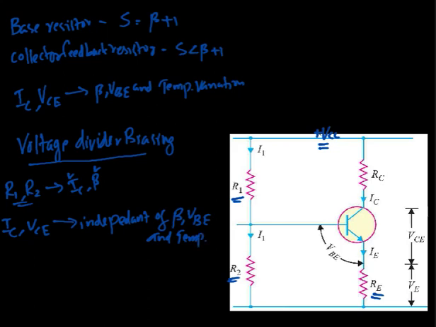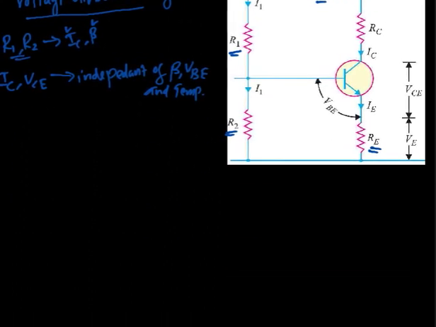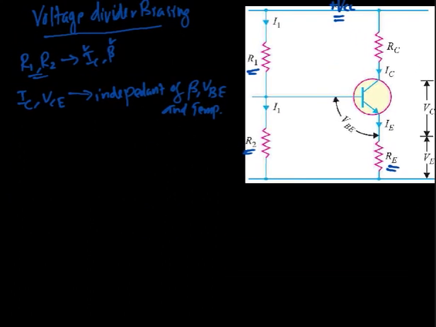So we first have to obtain the expressions for IC and VCE to show that they are independent of the transistor parameters like beta and VBE, and also independent of temperature. For that, we will consider the input circuit first, that is to find IC.